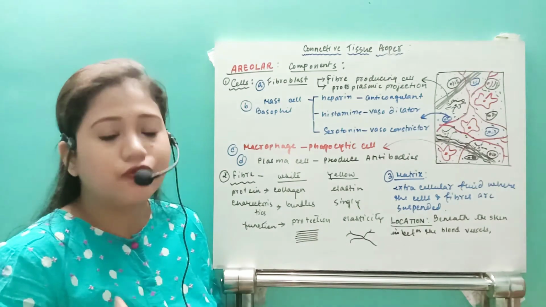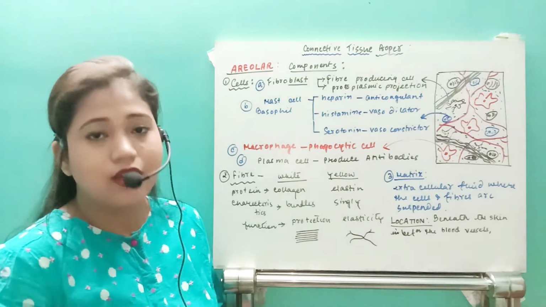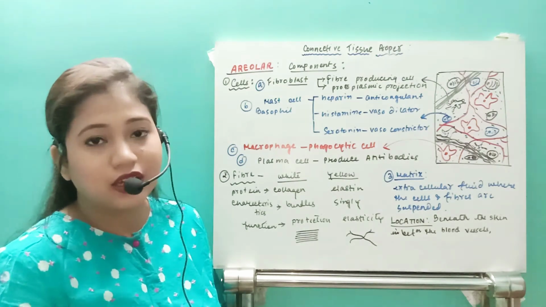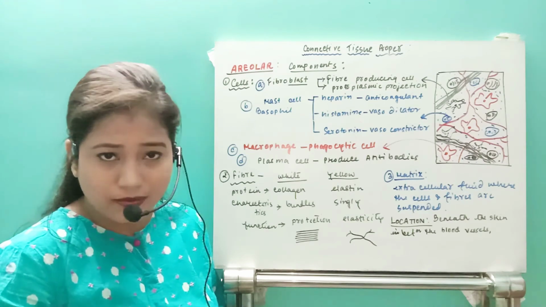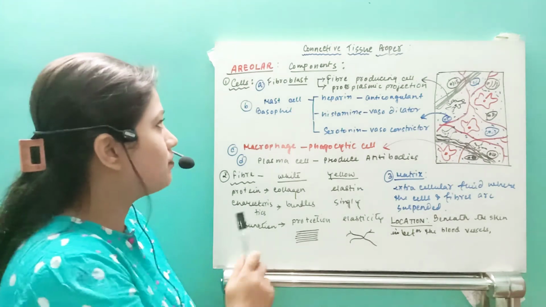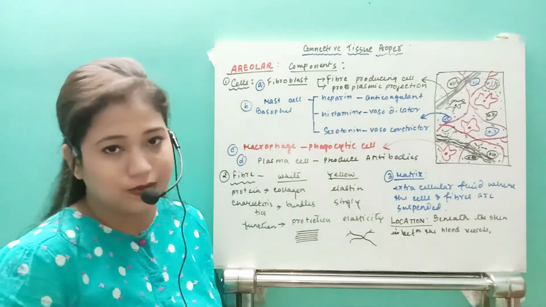It is also found in locations where it needs to fill up empty spaces. Suppose in between the heart and the lung, we have some space. Is it empty? No. Why? We have this areolar connective tissue. It basically fills up the empty spaces.